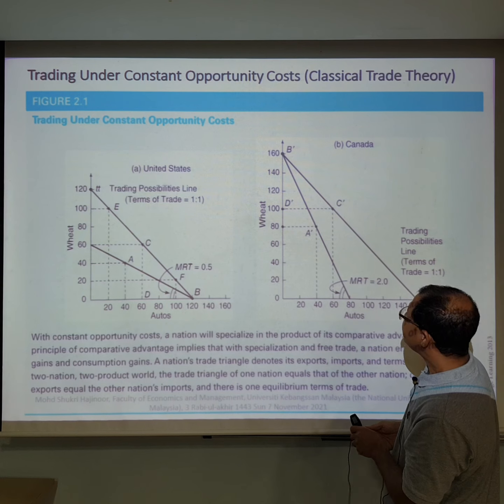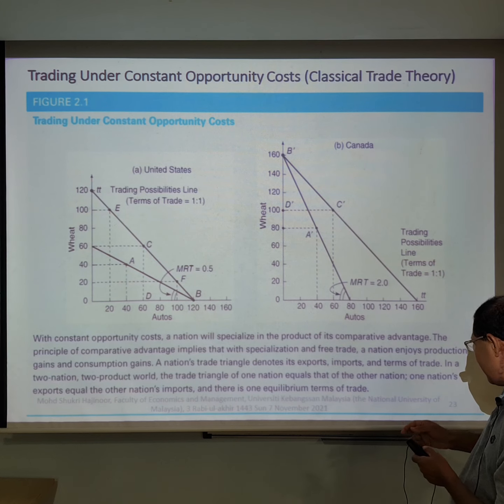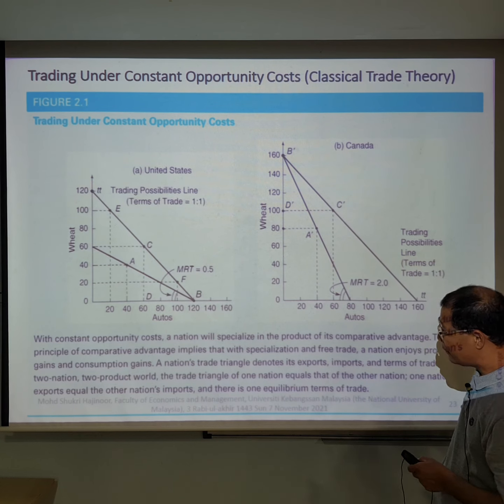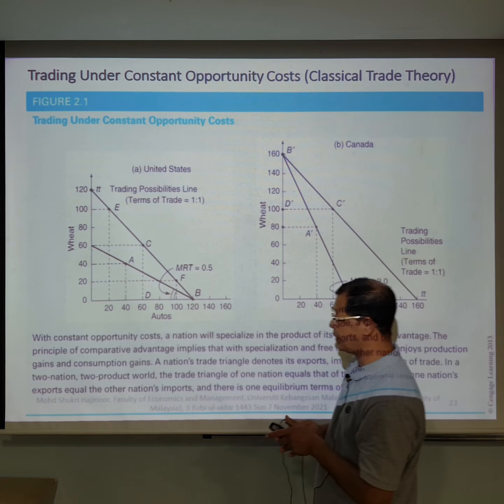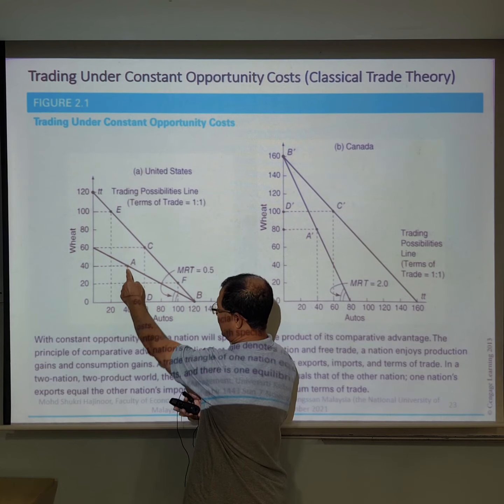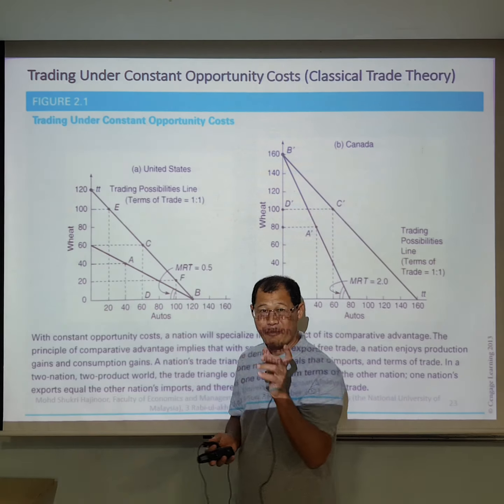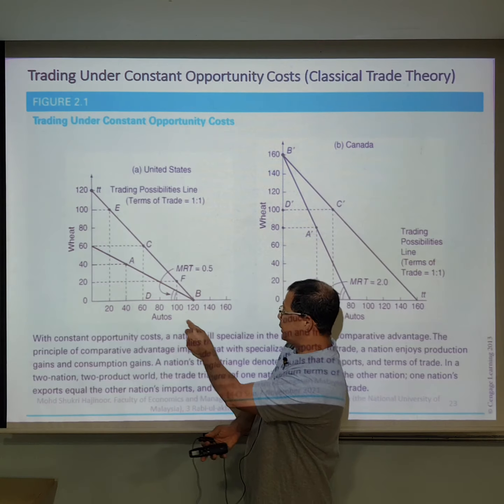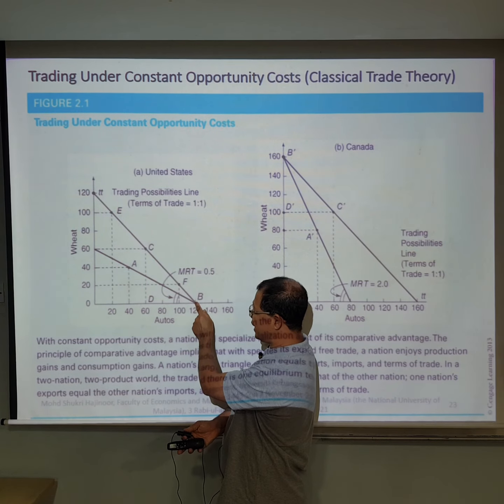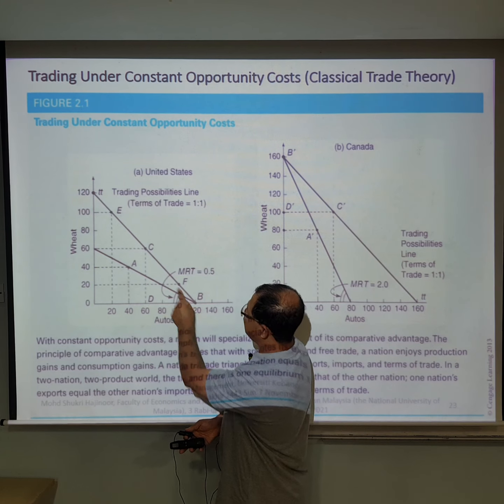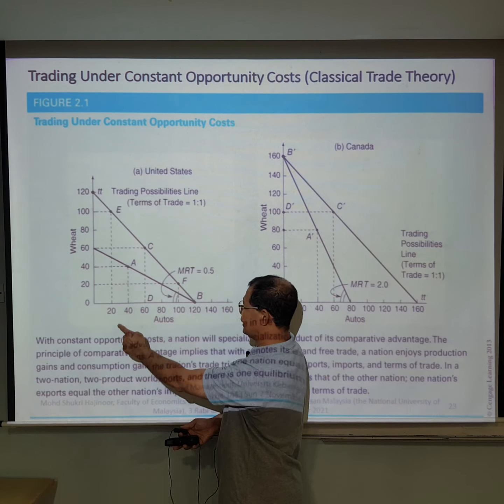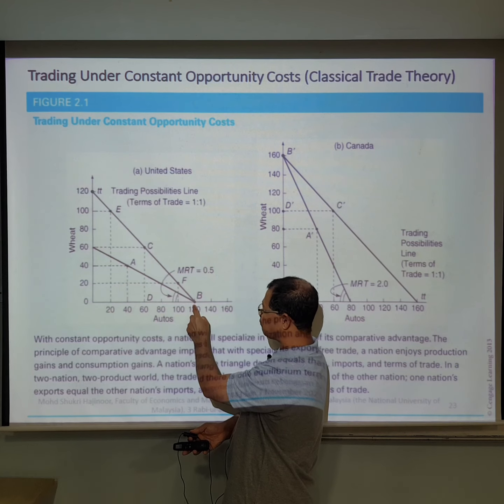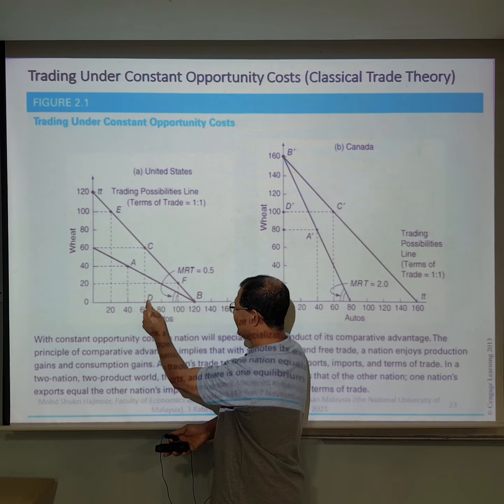So, as a result, we can see now, I already read about the triangle. Where's that triangle? Actually, the triangle, look at this here. Let's look at the amount of export and import for a country. Specialization here, but consume here. So, United States produces 120 auto, but consumes only 60.